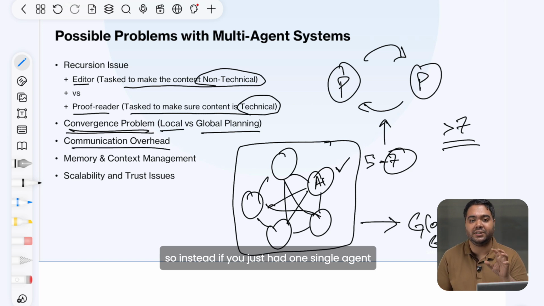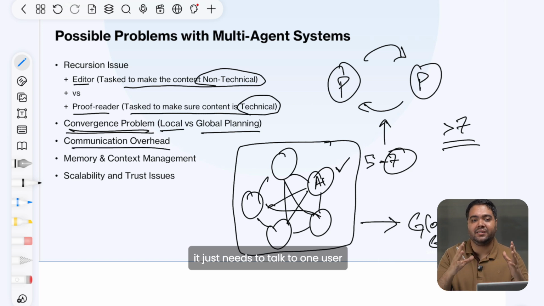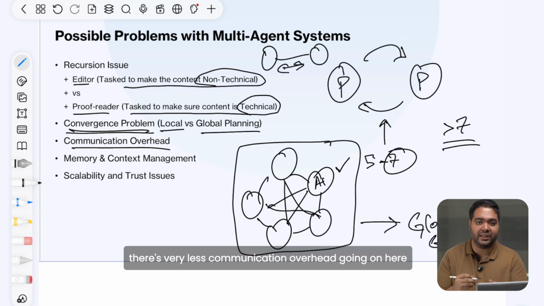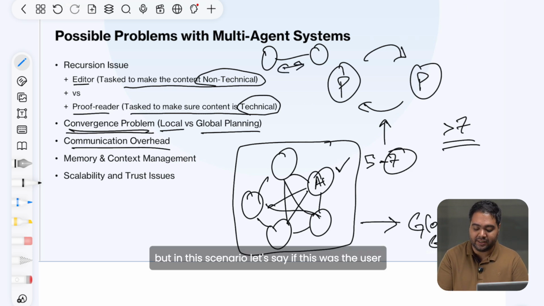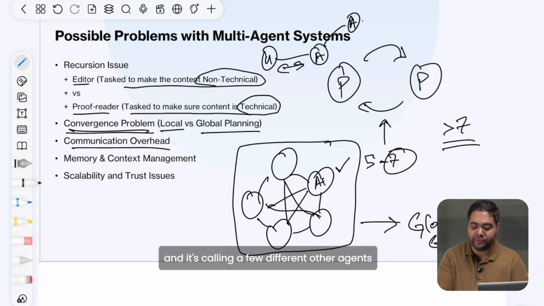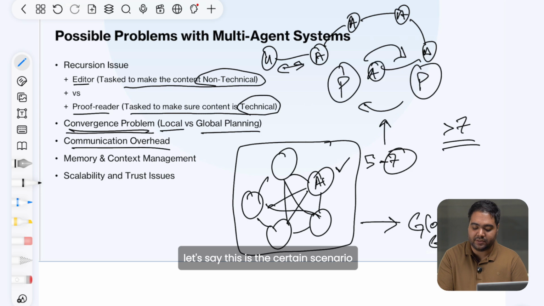So instead, if you just had one single agent, it just needs to talk to one user. So let's say you have the agent and the user. There's very little communication overhead going on here. But let's say this was the user, this was the agent, and it's calling a few different other agents. Now in this scenario, what happens?